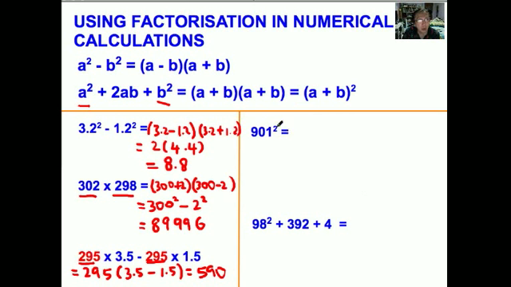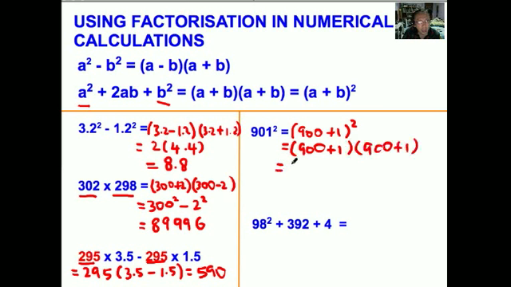In this example, this is a perfect square. Thus, we are looking at the second formula. We rewrite this as (900 plus 1) squared, which means 900 plus 1 times 900 plus 1.